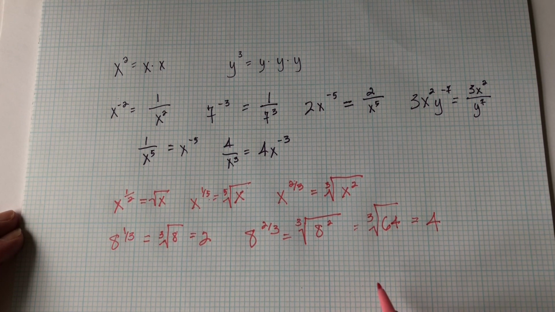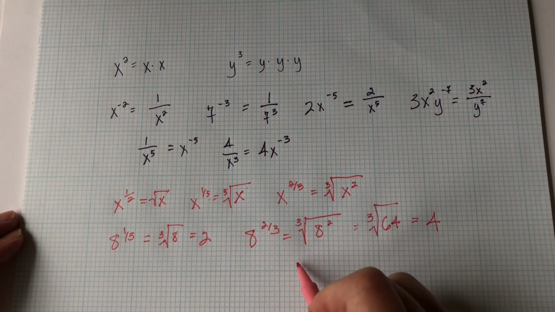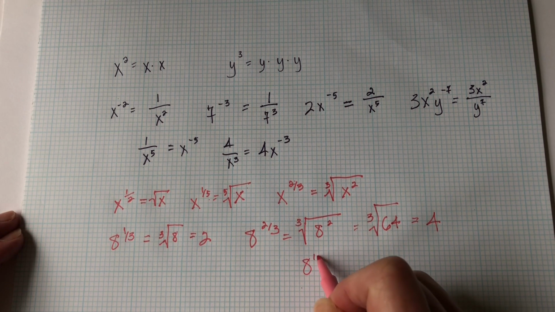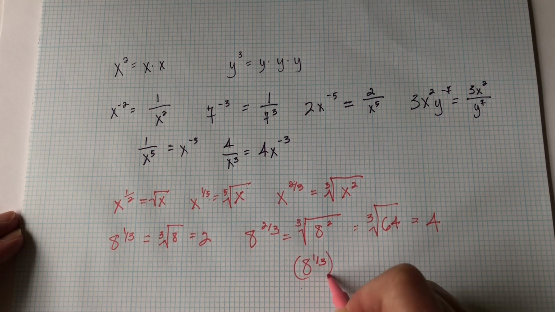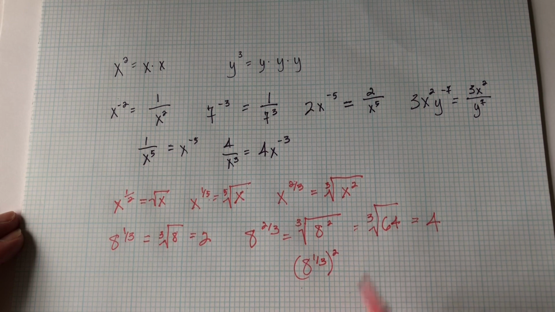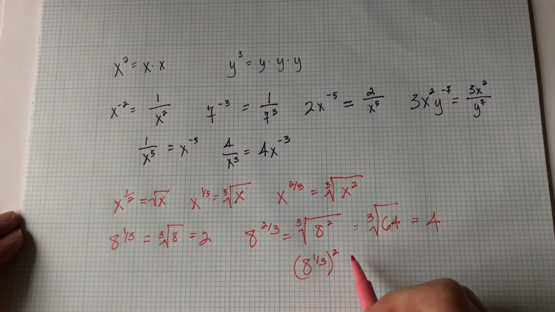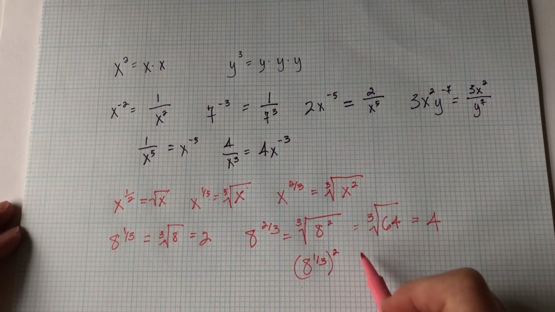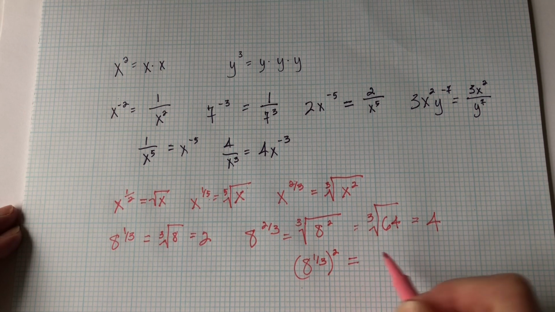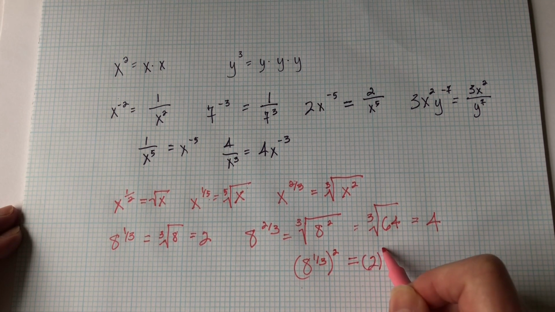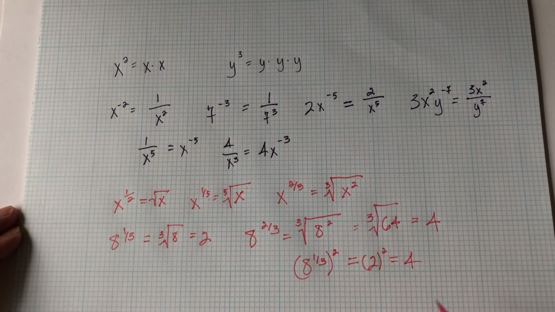Or you can take the cube root of 8, and it helps to rewrite it this way, actually, if you want to do it this method, which I think is easier because you're going to work with smaller numbers. You can write 8 to the 1/3, which is the cube root of 8, and that's 2, and we square that, and we get 4.